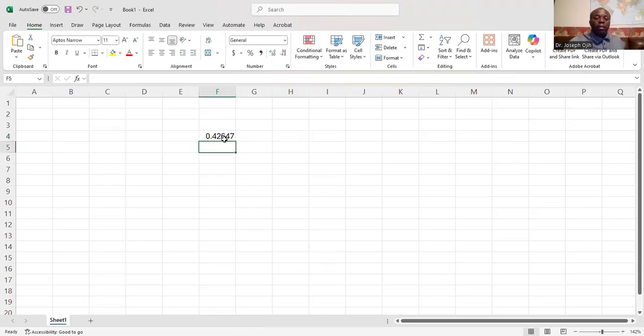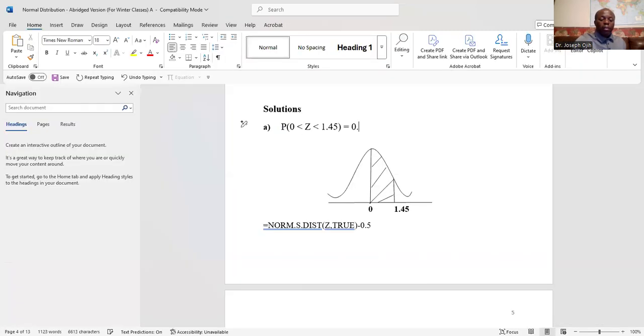0.4265. Write it down. 0.4265, that's the probability, rounded. So the answer becomes 0.4265.